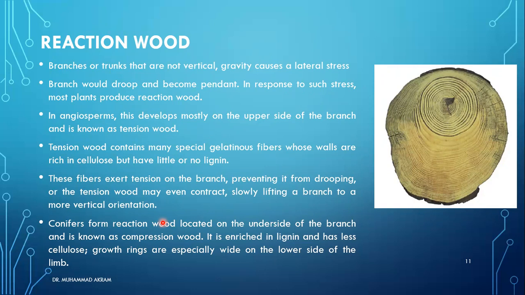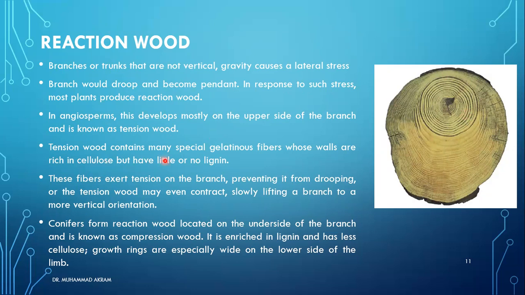In response to such stress, most plants produce directional wood. In angiosperms, this develops mostly on the upper side of the branch and is known as the tension wood. In this photograph, you can see this secondary wood, or reaction wood, is produced against gravity or the drooping conditions of the branches of the trees.